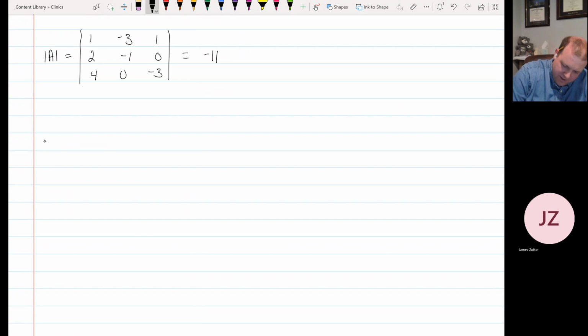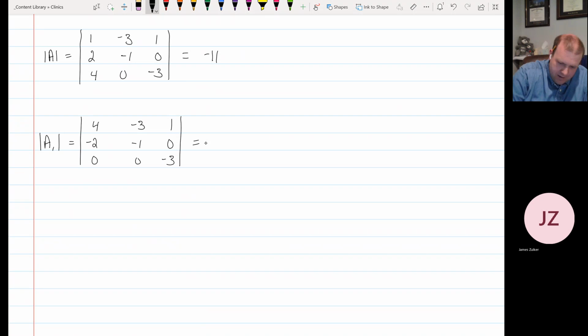Okay, so now A1: we need to replace column 1 of A with B. We get a determinant of 30.